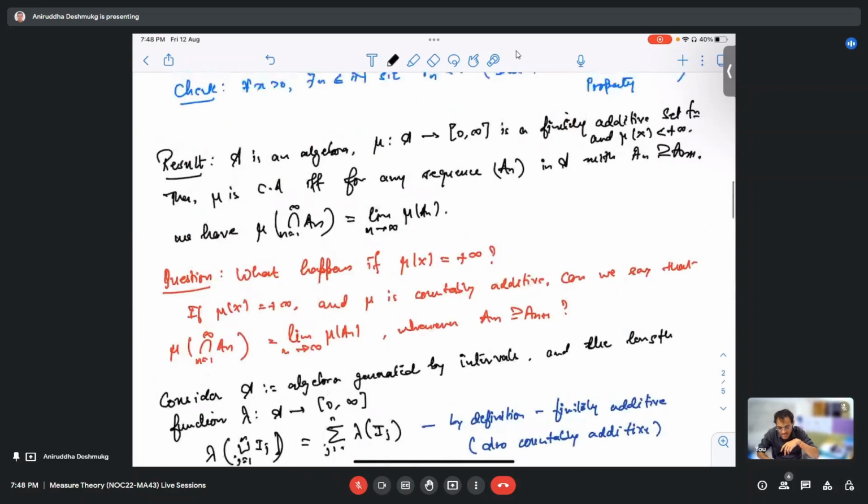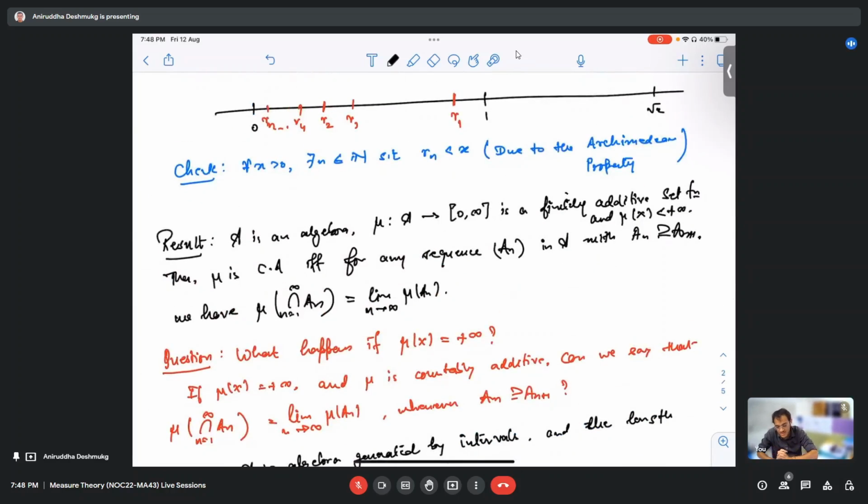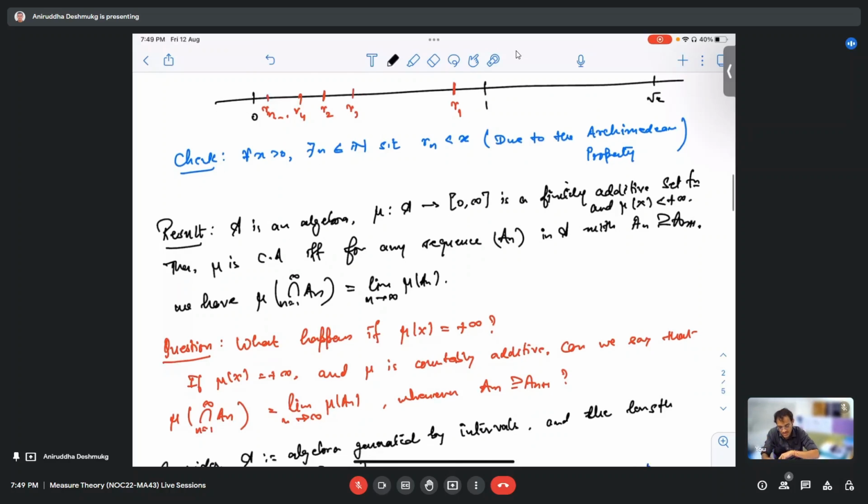The previous result said that whenever mu of x is finite, saying mu is countably additive or saying that mu has this particular property are the same. Yes, sir. Then by this theorem, it is sufficient to prove that whenever we have a decreasing sequence, mu of the intersection of An is the limit of mu of An.